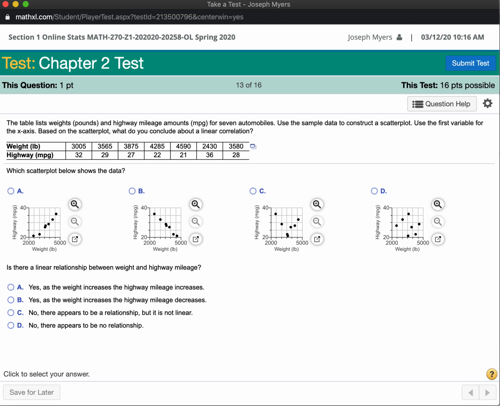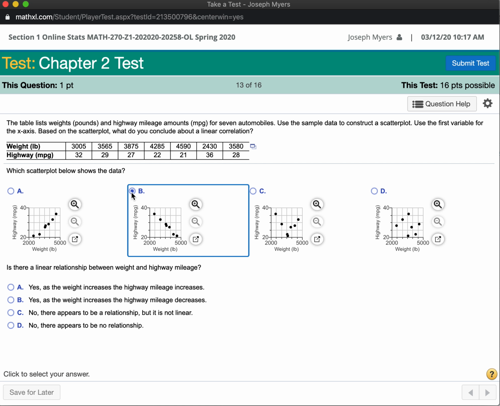Okay, so this shows the pounds and highway mileage for 7 automobiles. The weight is the x value, so as the weight gets higher, the miles per gallon tends to go down. For example, this one is 21, so there's only one graph that shows that when the weight is higher, like 4,000 pounds, the miles per gallon is going downwards.